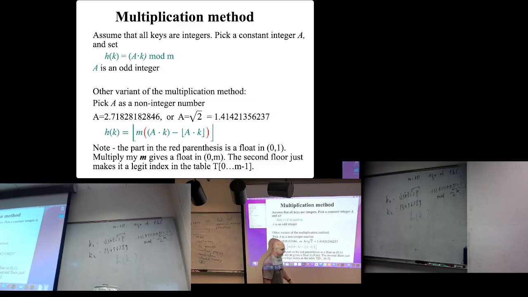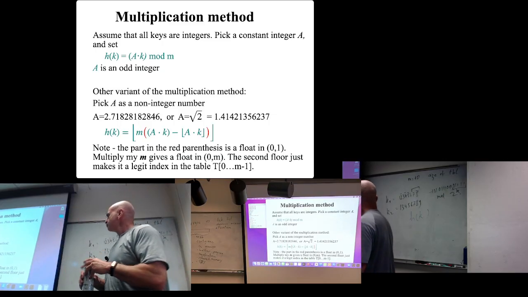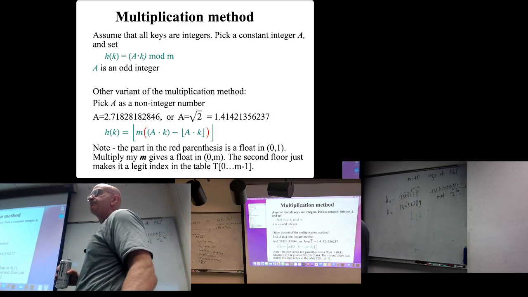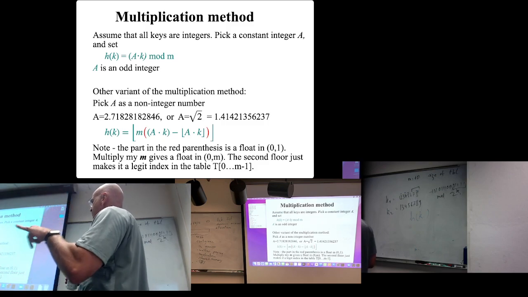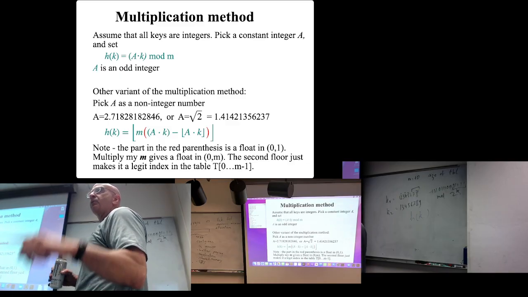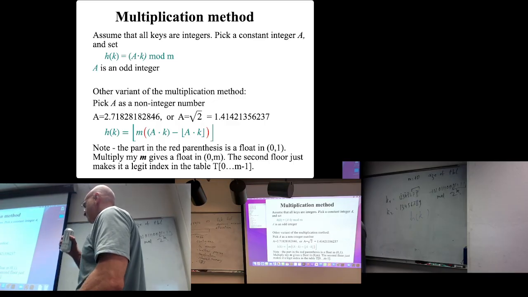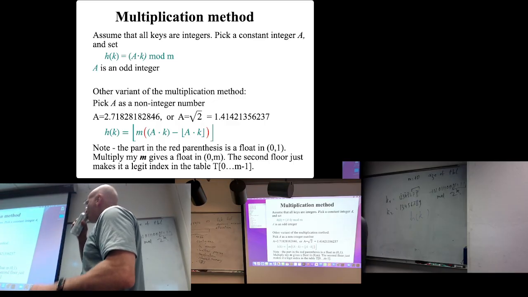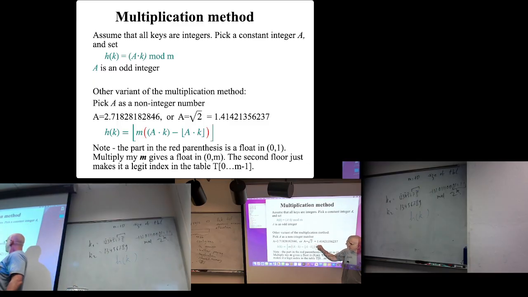And hopefully these digits appear in what looks like a random fashion. I'm not using a random generator here, but I don't want the digits of a to be nicely correlated with each other. For example, 1, 2, 1, 2, 1, 2 is probably a bad one.